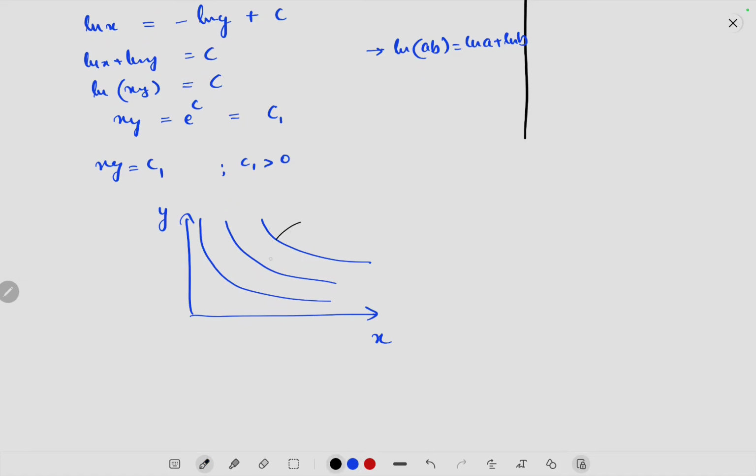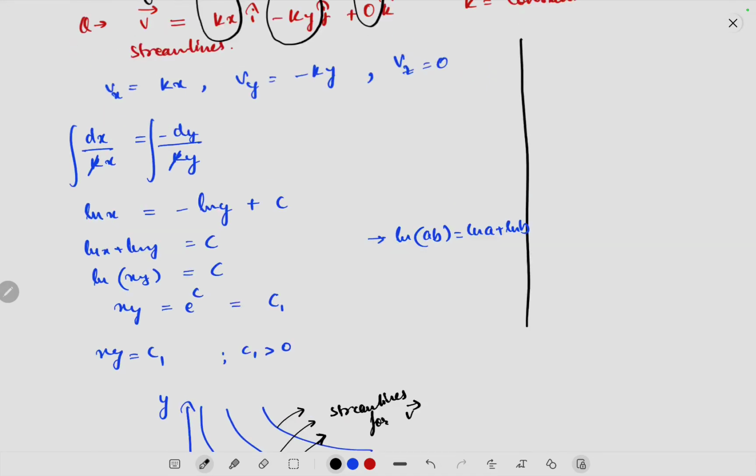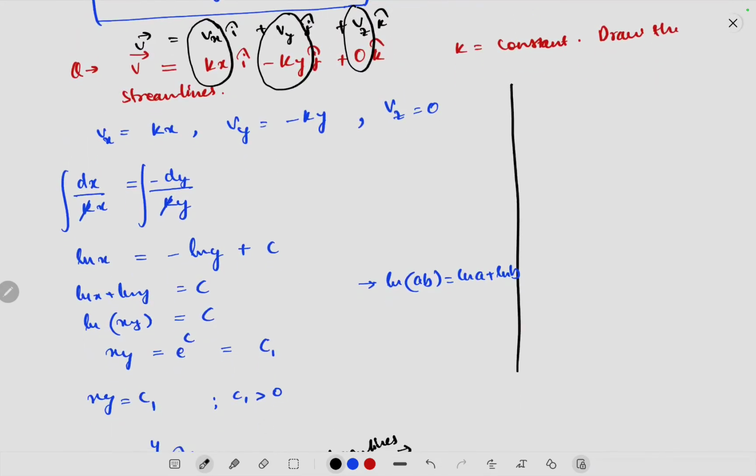So these are my streamlines, for v vector equal to kx i hat minus ky j hat.